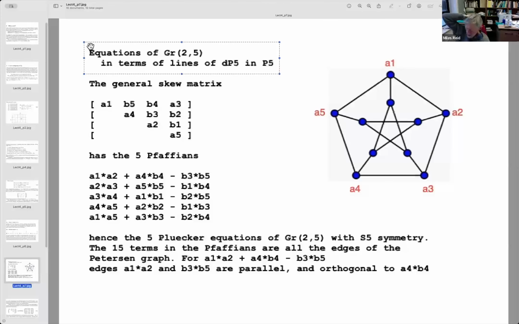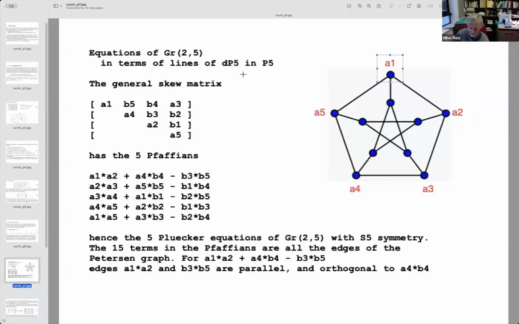This is the same as on DP5 and DP3 that I discussed in the subsequent lectures. I'm drawing here some kind of pictorial representation of a surface having 10 lines, a kind of dual representation. The lines are the nodes, and 2 lines intersect if they're joined by an edge of the graph.